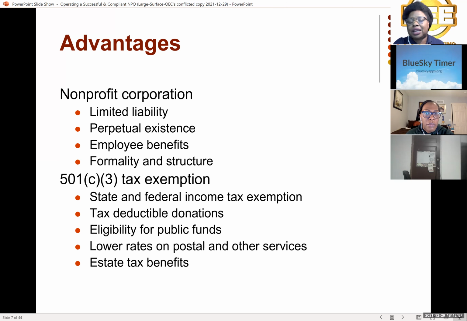You cannot take that car or the proceeds from selling that car and say, well, it's a wrap, and then put the money in your personal account. You have to give those assets, the car, to another nonprofit. Then you have to report to the state and IRS because they're going to want to know what happened to those assets, because all assets have to stay in a nonprofit in perpetuity. So those are the kinds of things you've got to think about.